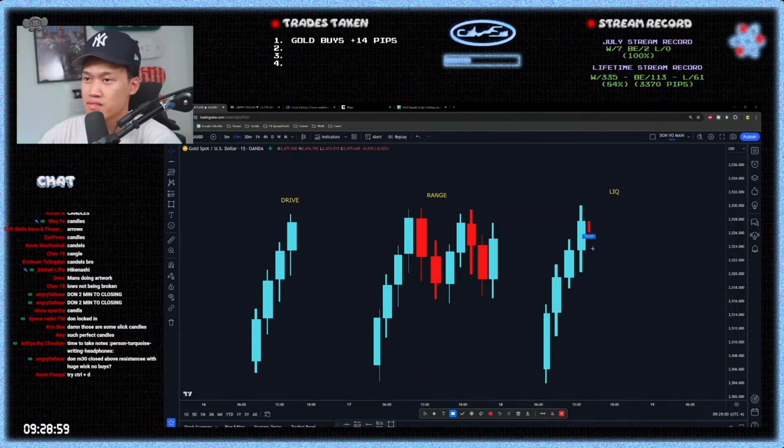So you have the drive. Then you have the range, which is this, right, chat? And then you have the range. Cool. Then you have a bearish candle. Then you have the bullish candle. All right, so that's the range.